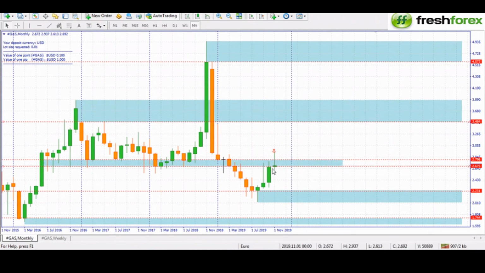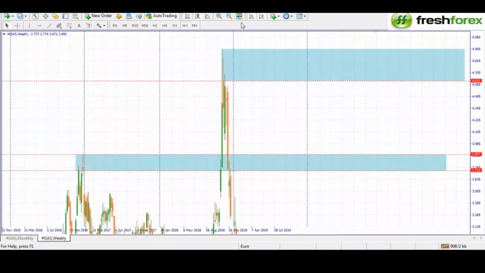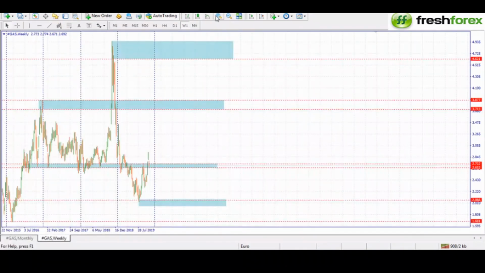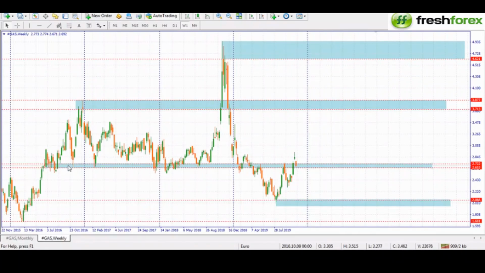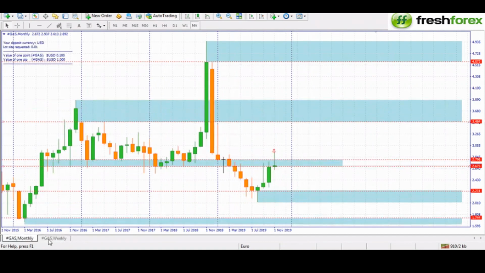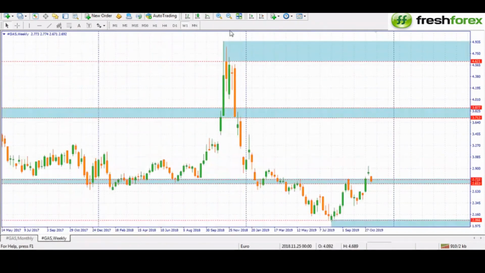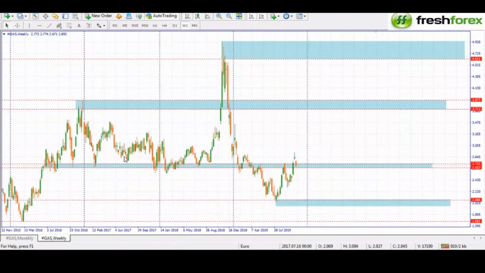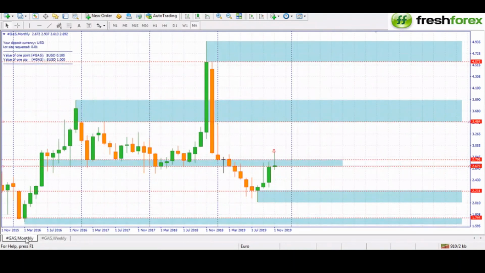The price must either close above, within this zone here, or it should close below, so that we understand exactly what's happening on the weekly. If you are looking at maybe the weekly alone, you're not able to get exactly what's happening on the monthly. This is why we insist on understanding what's happening on the highest time frame possible. If you are looking for a sell here, the same sell must be here.